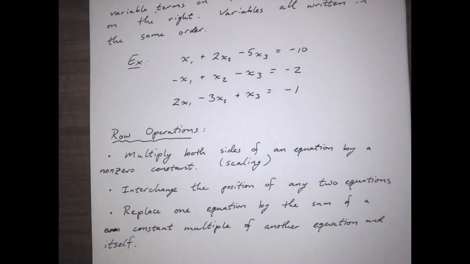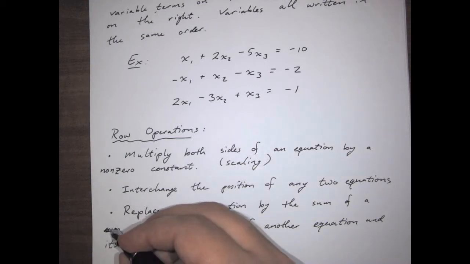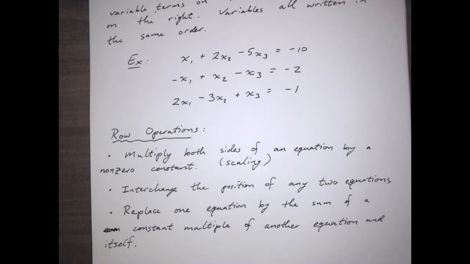So, the sum of a constant multiple of another equation and itself. We'll see what this looks like when we actually try it. It's awkward and confusing to word, but it becomes sort of second nature.